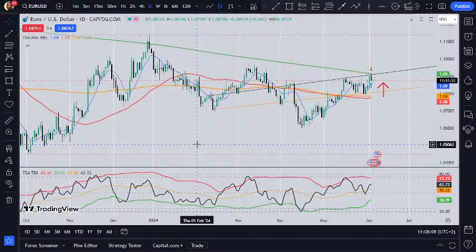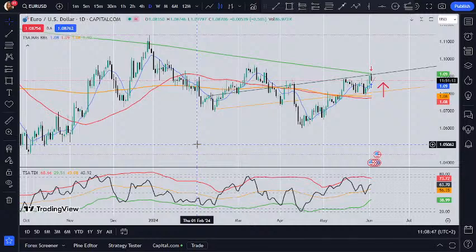Even though I only started listening to this guy Derek about a week ago, he talks about confluence, and for me that makes sense. Confluence means taking trades where you have more than one factor. Say you have a trend line, maybe a moving average, maybe another block or an imbalance, right where you're looking for a trade.